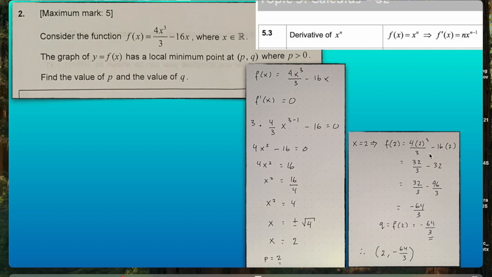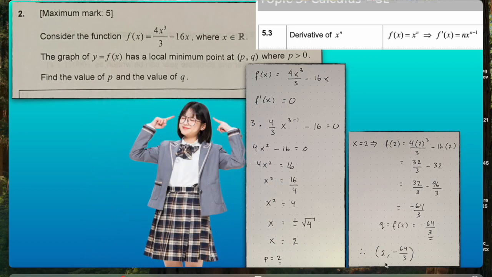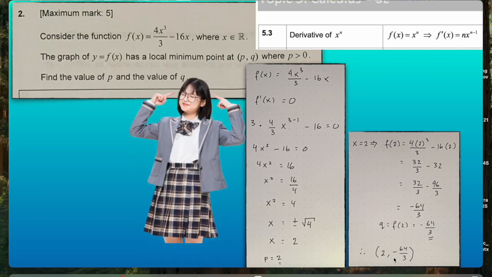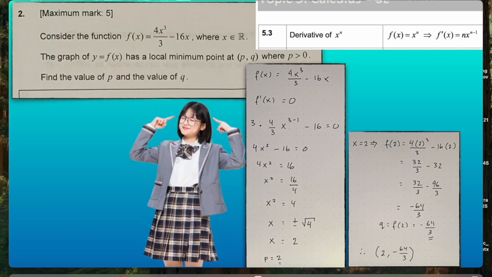Okay, and then we calculate to get q, which is equal to f of 2, which is the y coordinate. That's equal to negative 64/3. And there you go. p is equal to 2 and q is equal to negative 64/3.